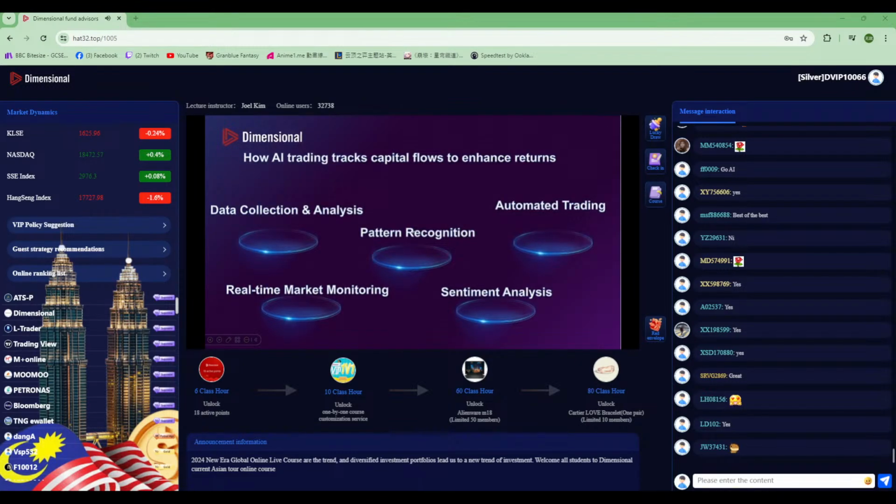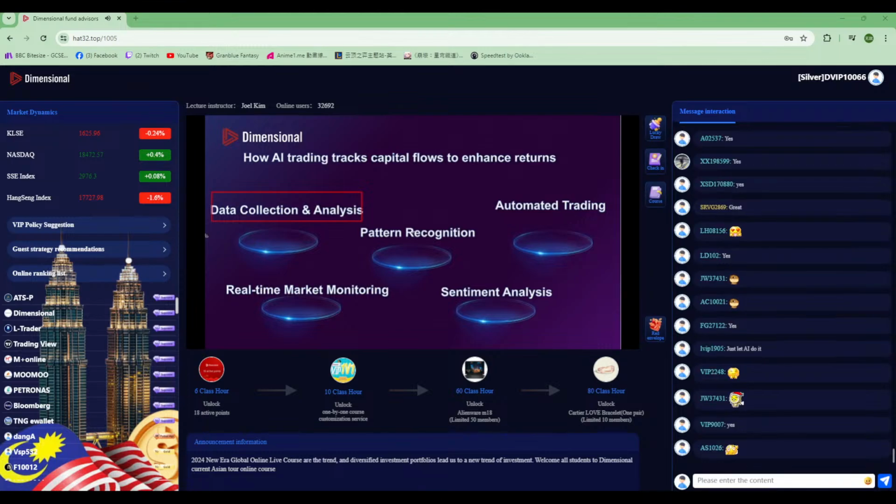So next, let's understand how AI trading tracks capital flows to enhance returns. Okay, now first, we talked about data collection and analysis, which means that AI trading can collect and analyze a large volume of market data in real time, including trading volume, price changes, order flows, and even more.